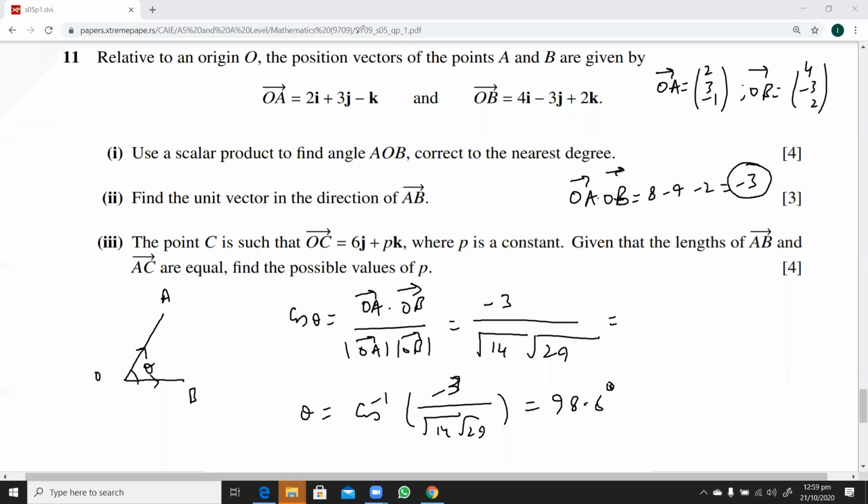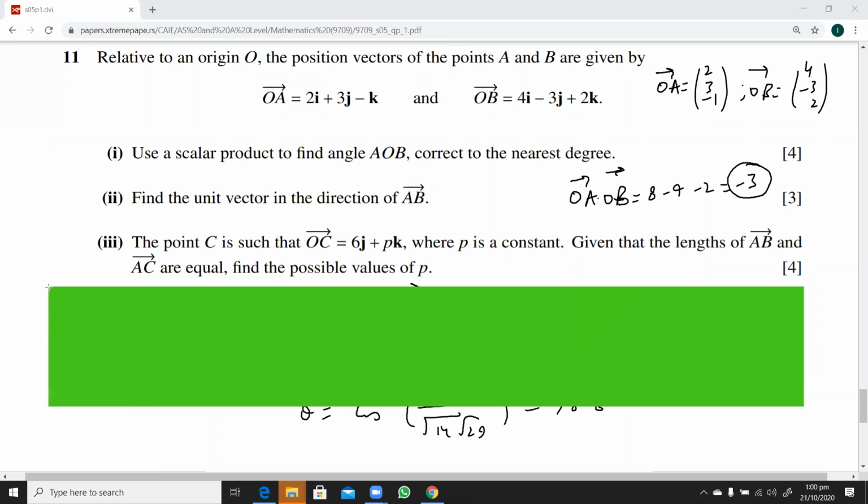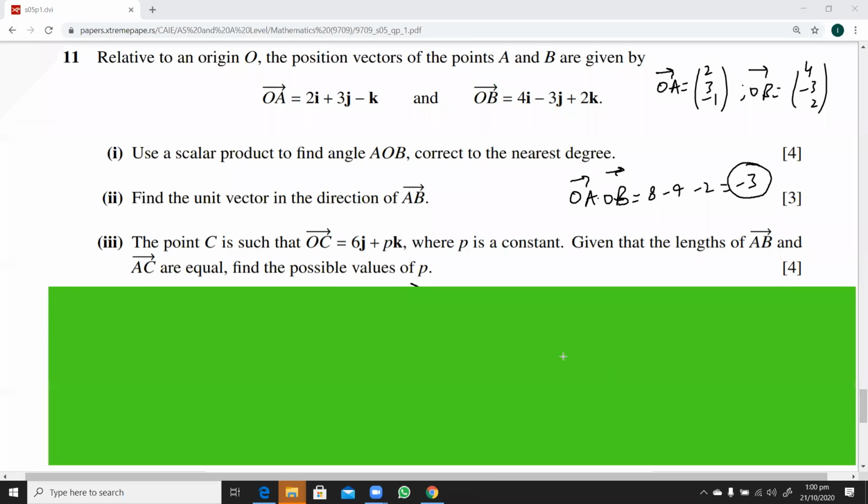Let's find a unit vector in the direction of AB. How will I find the unit vector in the direction of AB? What do I need to have first of all? I should have the vector AB. Only then I can find a vector in its direction.